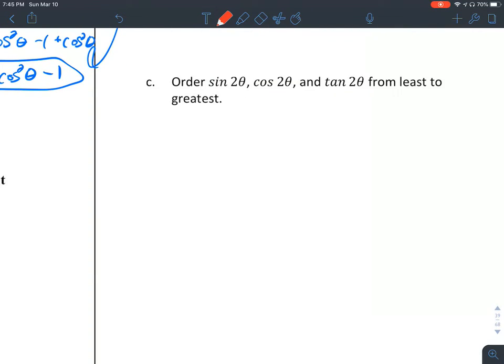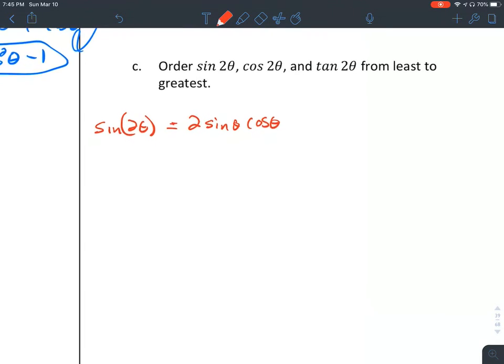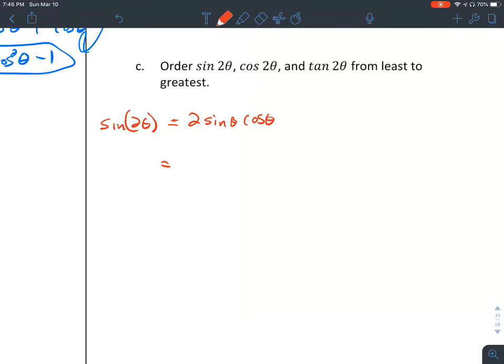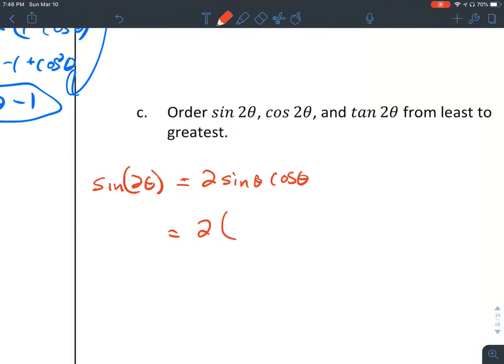6, order sine of 2 theta, cosine of 2 theta, tangent of 2 theta from least to greatest. That should be pretty easy. Sine of 2 theta, according to the double angle identity, is 2 sine of theta times cosine of theta. Sine of theta would be y over r, which looking back at our picture is -3/5.